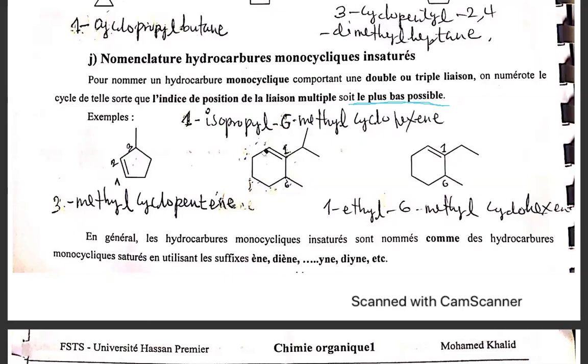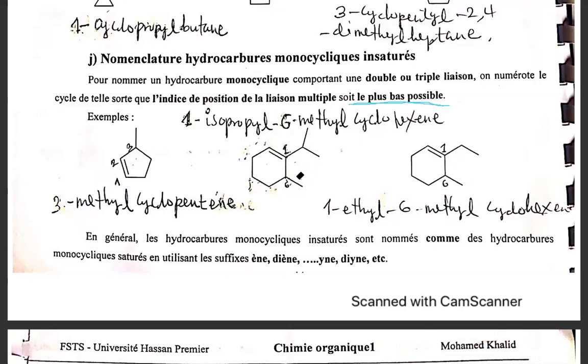Now, the contradiction that I'm trying to bring out here is, if you are going to start from position number 1 here and say position number 2, in the case where we do not have this one, you are going to have the substituent, that is isopropyl, at position number 2.